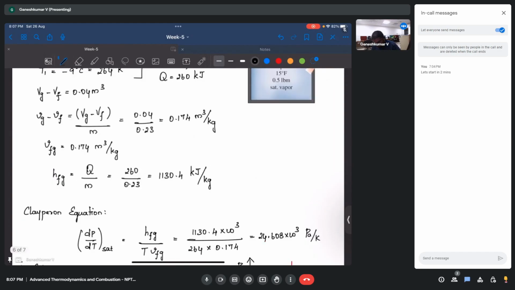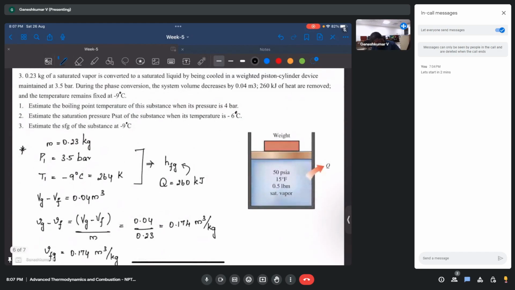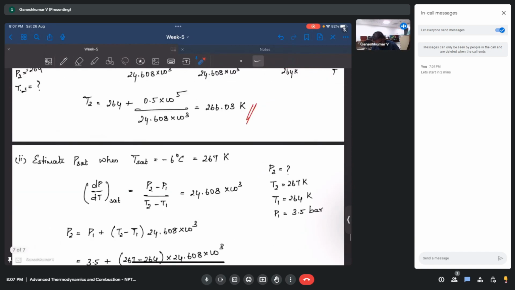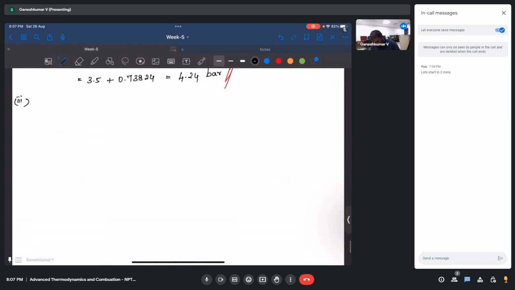Now the third question says: estimate the Sfg of the substance at minus 9 degrees Celsius. So how do we find Sfg? Let me write that down. Estimate Sfg at T equal to minus 9 degrees Celsius, which is for the experimental case, 264 Kelvin.